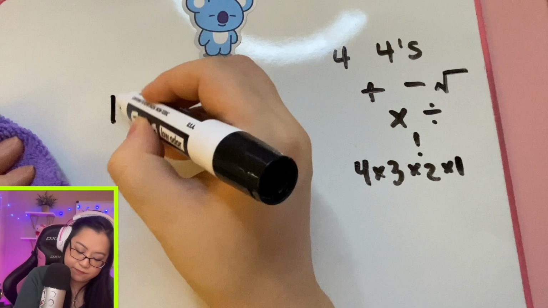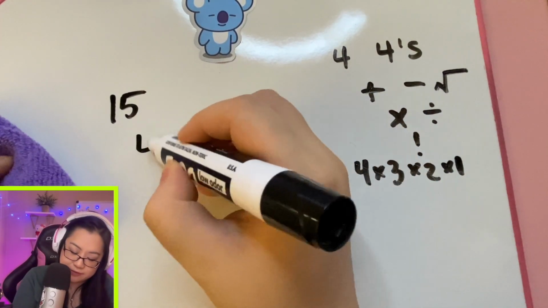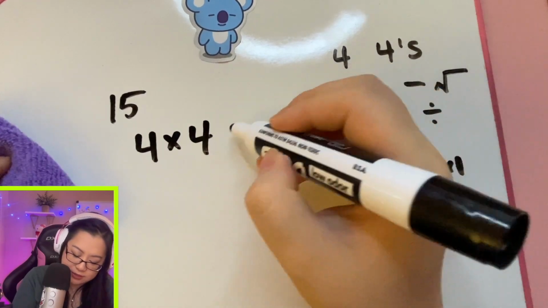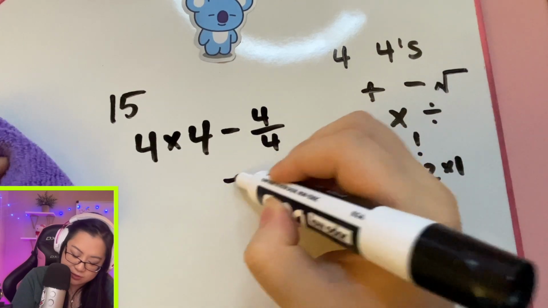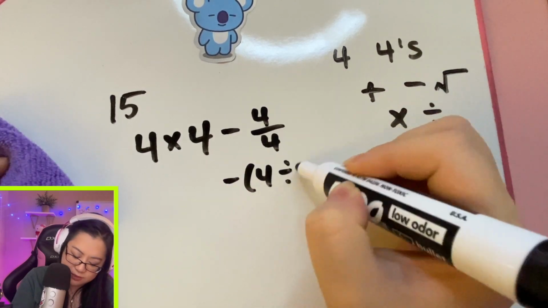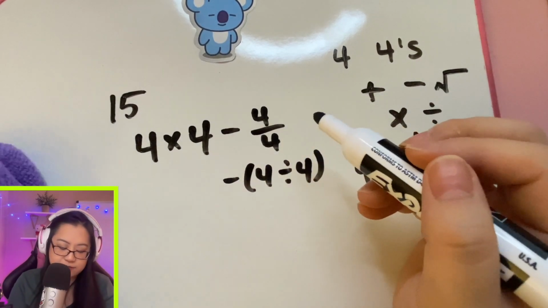15. That's just 16 minus 1, right? So 16 minus, I'll write it like this, but again you can do it another way if you prefer. 16 minus 1 is 15.